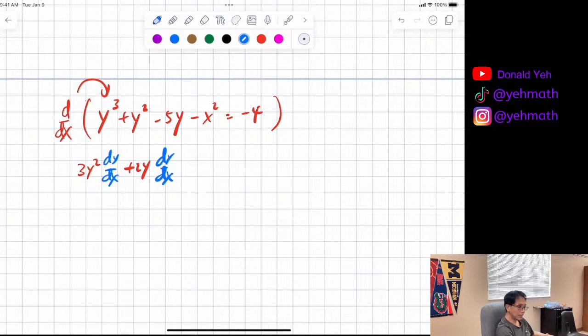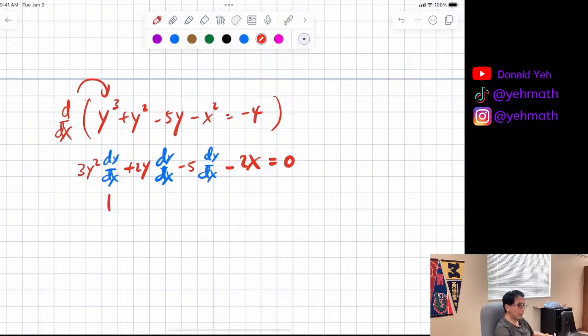What's the next one? Minus 5 dy dx. Minus what? 2x. That's it. Is equal to what? Derivative of a number is 0. Always 0.